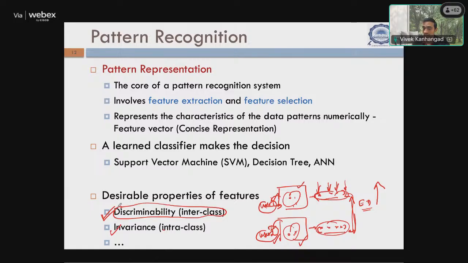It is able to discriminate between two or more classes. Here for simplicity I'm considering two classes, but in general you have a multi-class problem, multiple users, if you're talking biometrics. If the dissimilarity score is high, it means the features have a lot of discriminability. I hope this is clear to you.